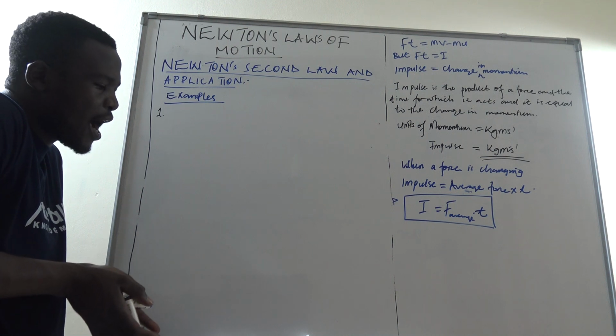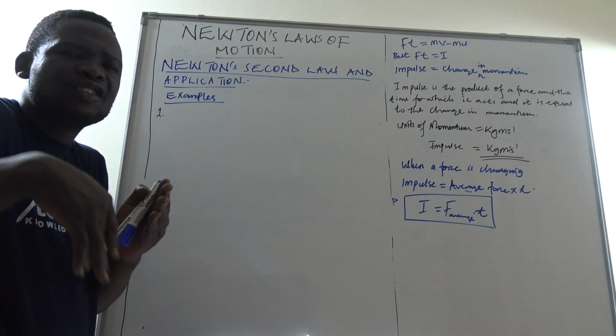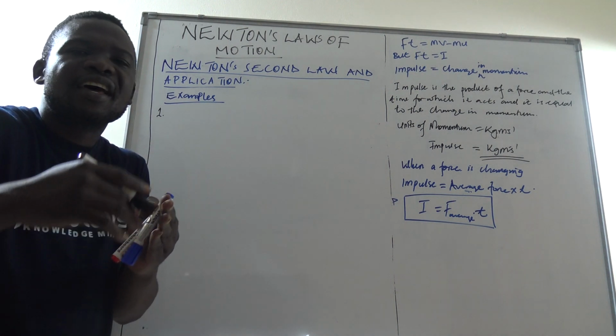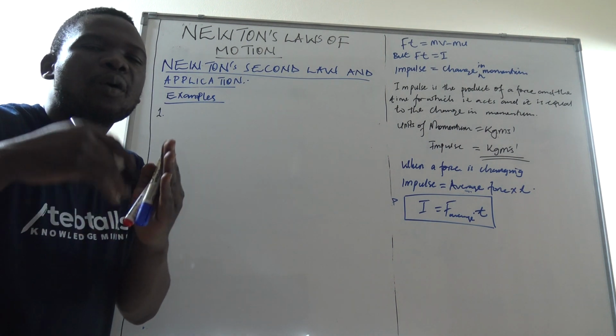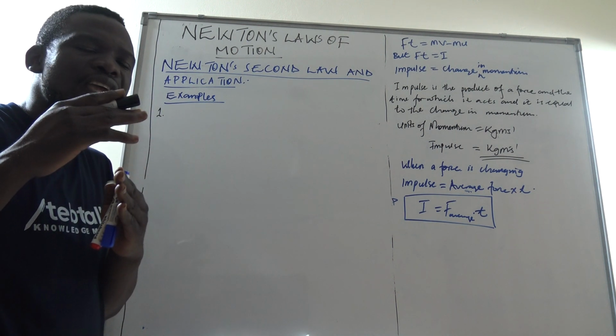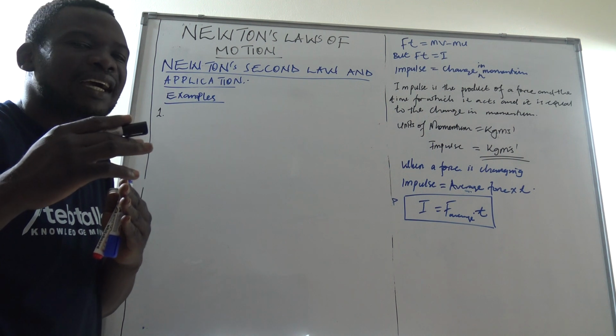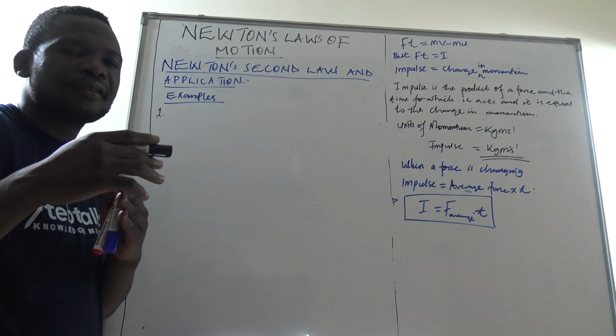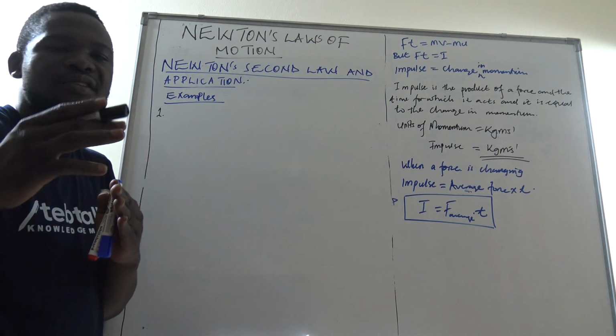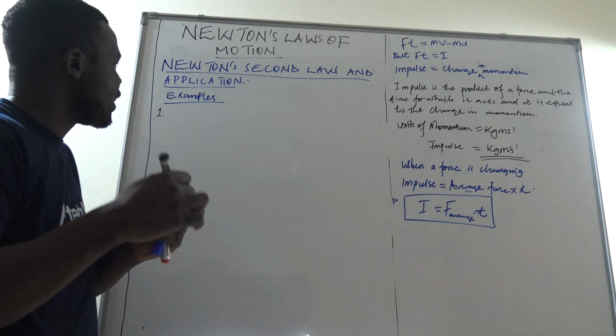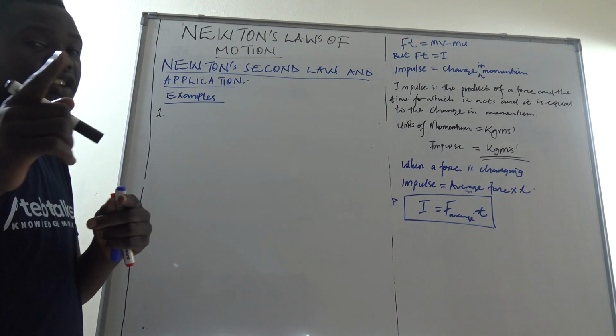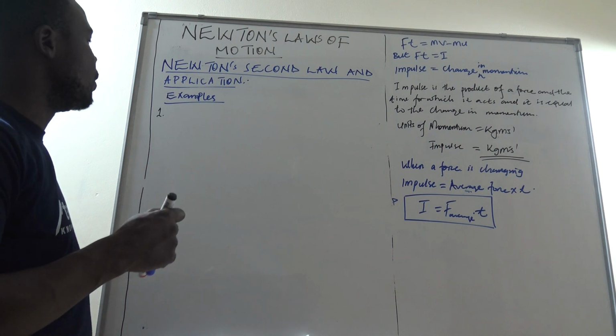Why do they push their hands backwards? They try to increase the time of contact. When they increase the time of contact, the net force that acts on them is also reduced, in line with Newton's second law.